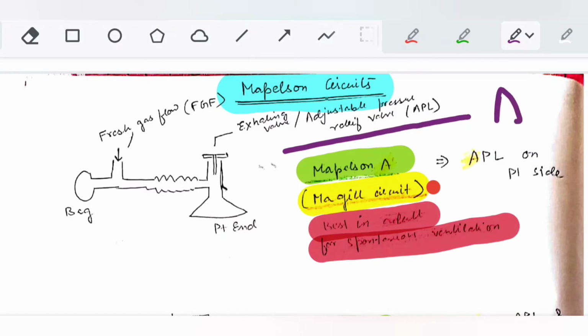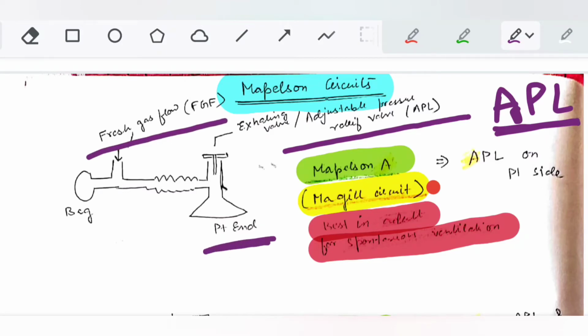Then we have to see the fresh gas flow, where the patient end is, and where the reservoir bag is. So these four criteria we have to see first: APL, fresh gas flow, patient end and reservoir bag. By this only we can identify all the circuits.